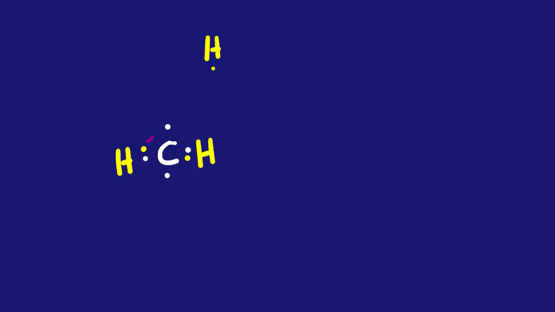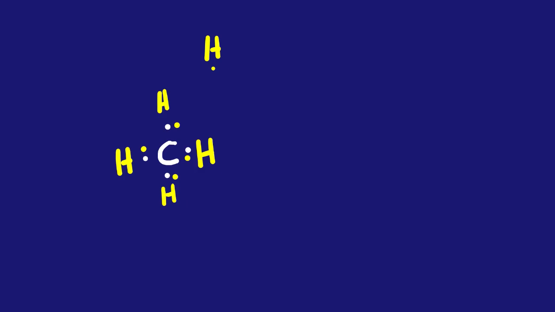Remember we said 8. So we can take another hydrogen and bring it here. Now we have 7. Then we can bring another hydrogen here. So in this case we have 8 valence electrons for carbon, and 2 valence electrons for each hydrogen.